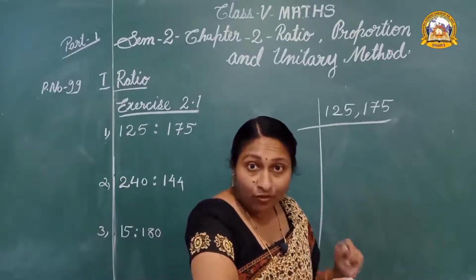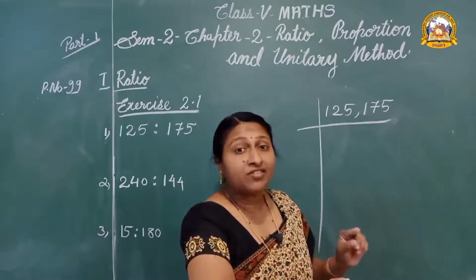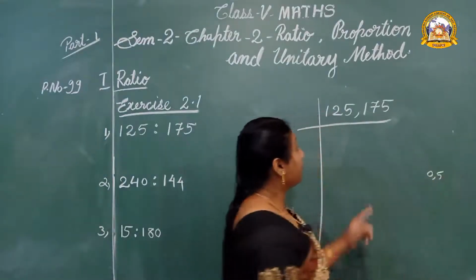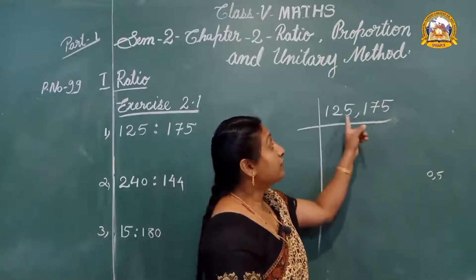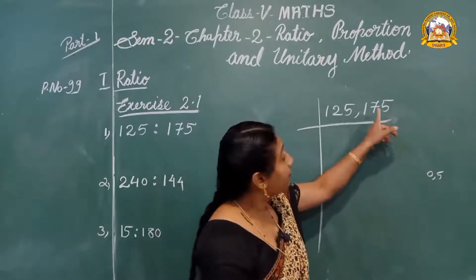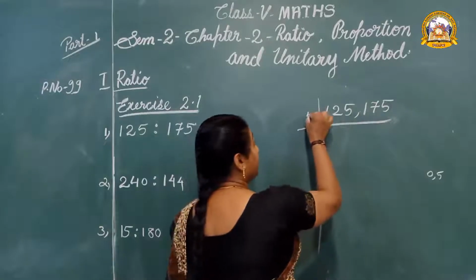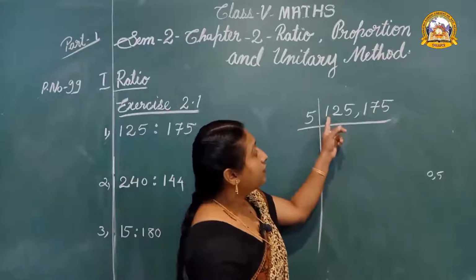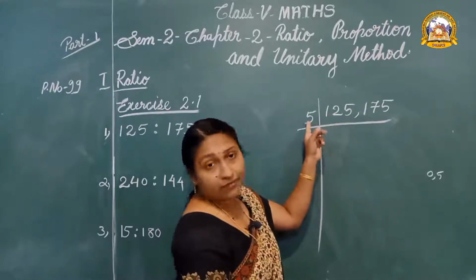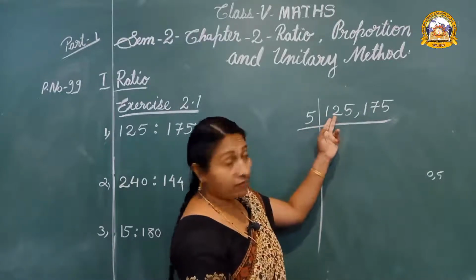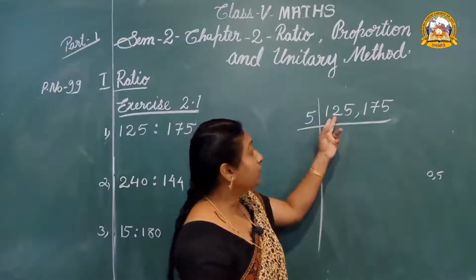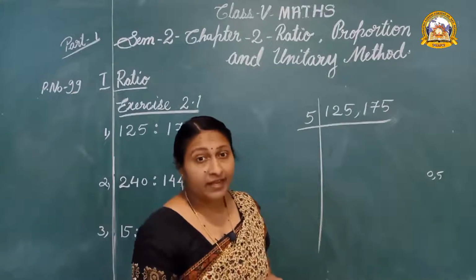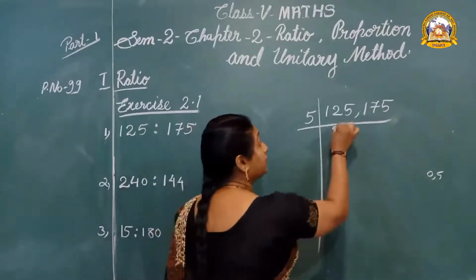The multiples of 5 end with 0 or 5. Here both of them end with 5. Let us divide them by 5. First, 1 divided by 5, we can't do. So take the first 2 digits, 12. How many 5s are there in 12? Yes, 5 2s are 10.